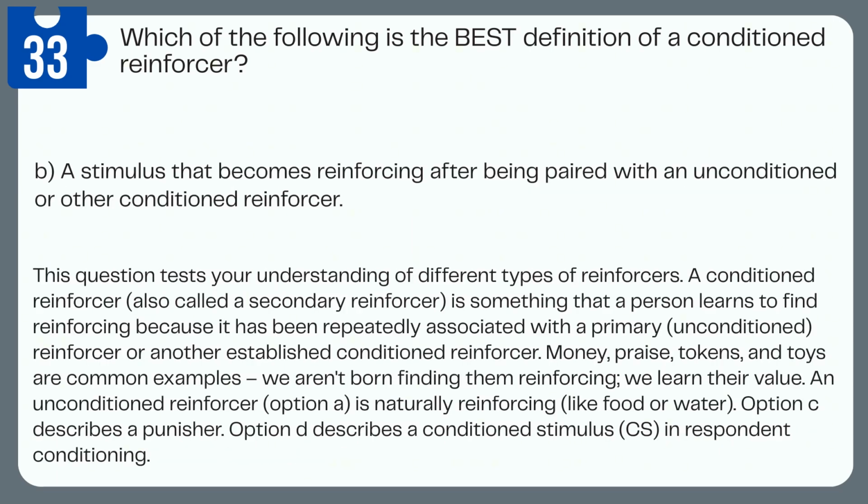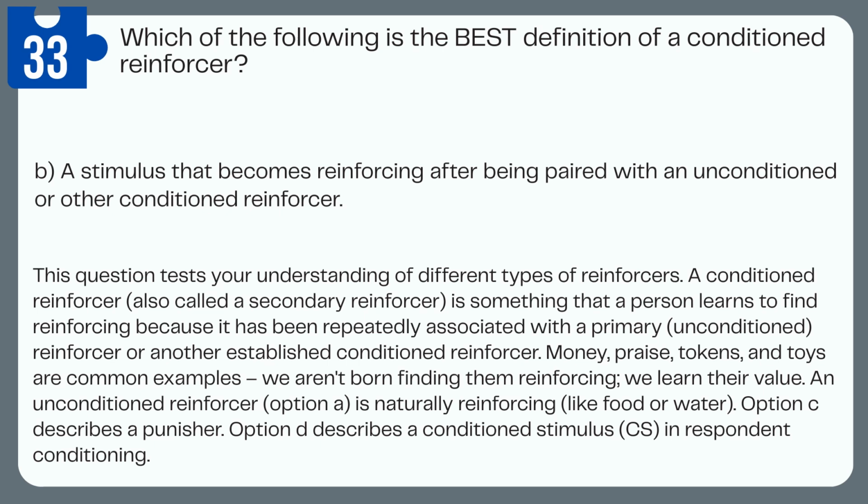Answer: B. A stimulus that becomes reinforcing after being paired with an unconditioned or other conditioned reinforcer. This question tests your understanding of different types of reinforcers. A conditioned reinforcer, also called a secondary reinforcer, is something that a person learns to find reinforcing because it has been repeatedly associated with a primary, unconditioned reinforcer or another established conditioned reinforcer.